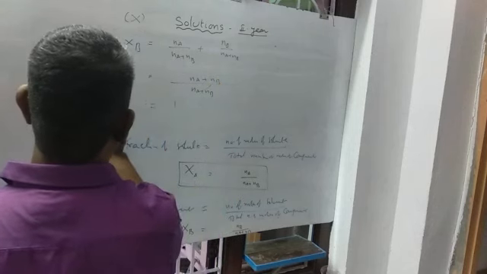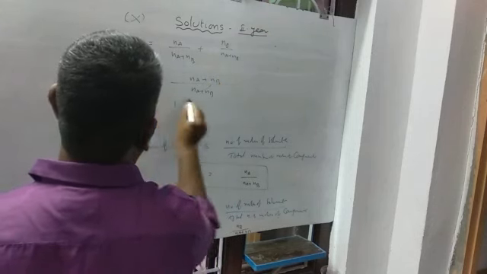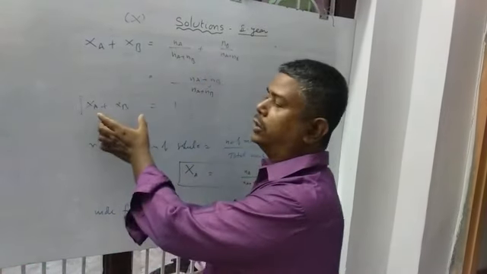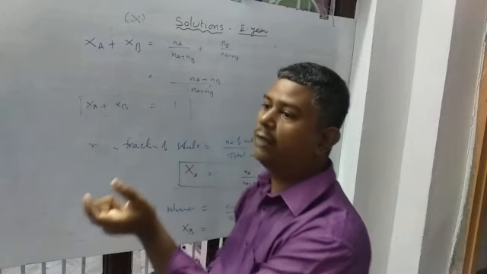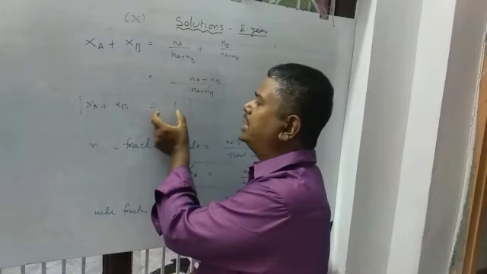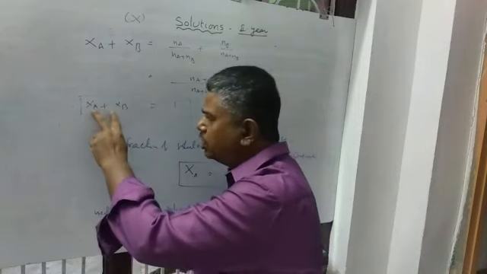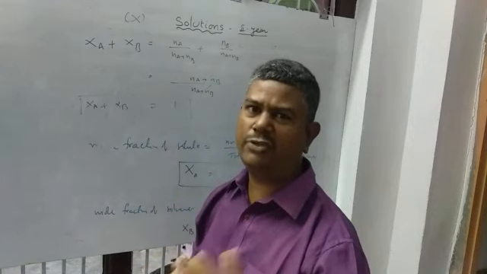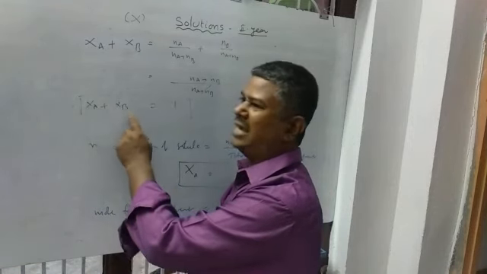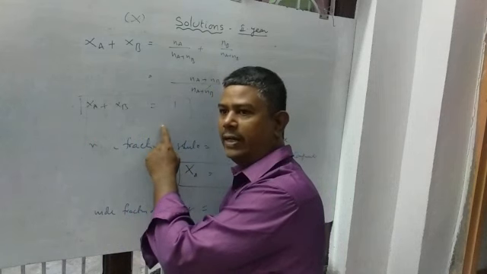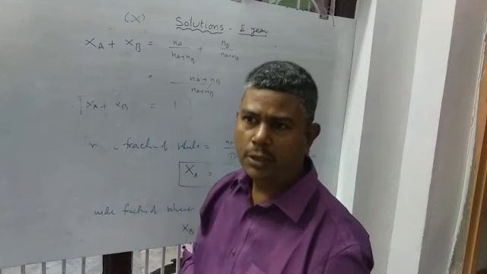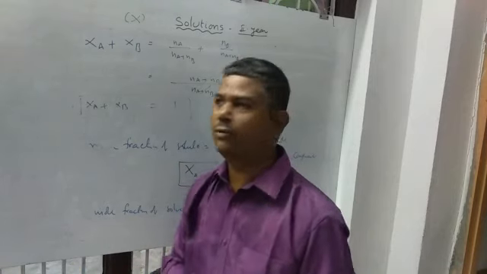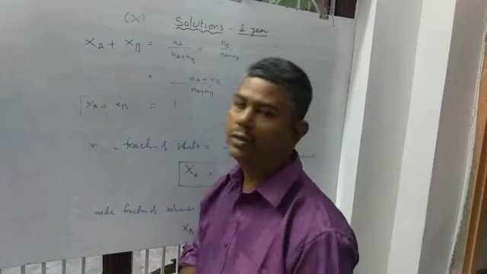That means XA plus XB equals 1. That means the total mole fraction of all components is always equal to 1. Here two components are there because it's a binary solution. If the solution consists of three components, XA plus XB plus XC also will be equal to 1. So finally what we concluded is that the total mole fraction of a given solution is always equal to 1.